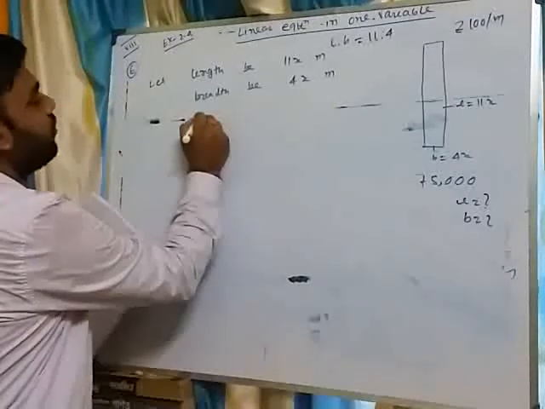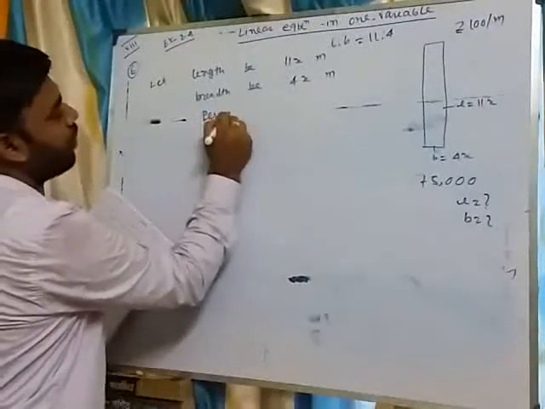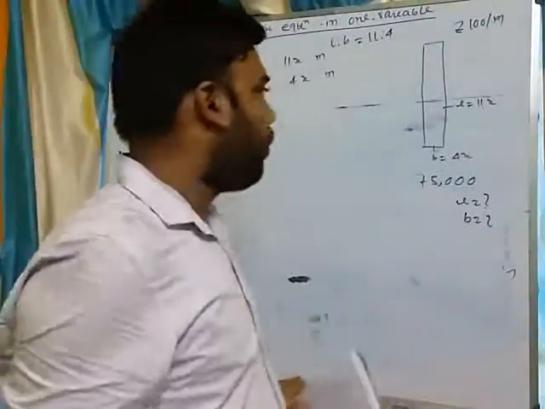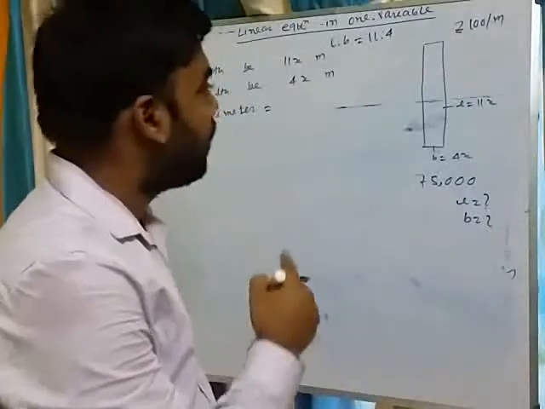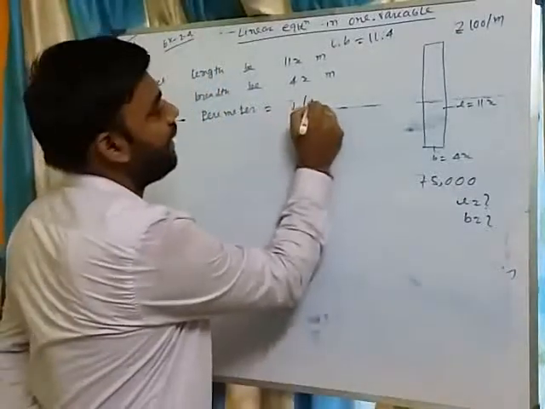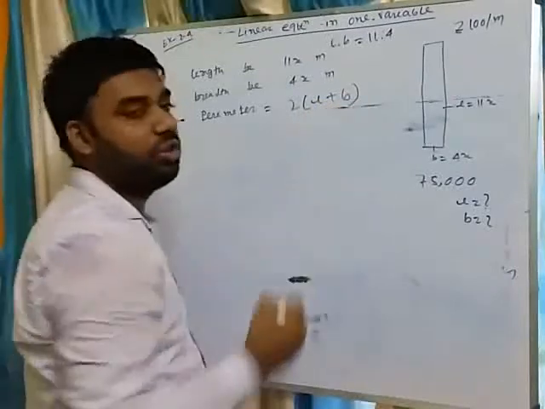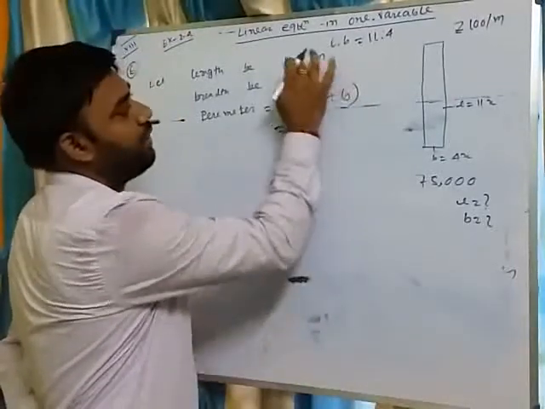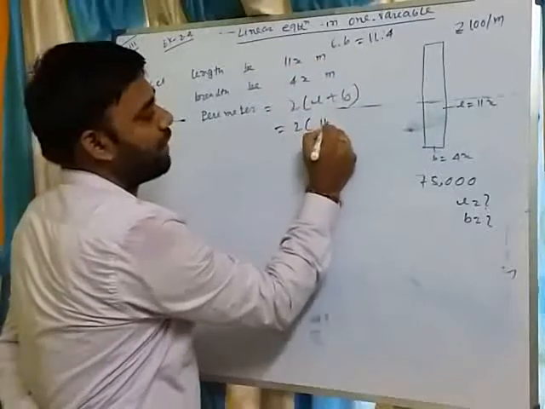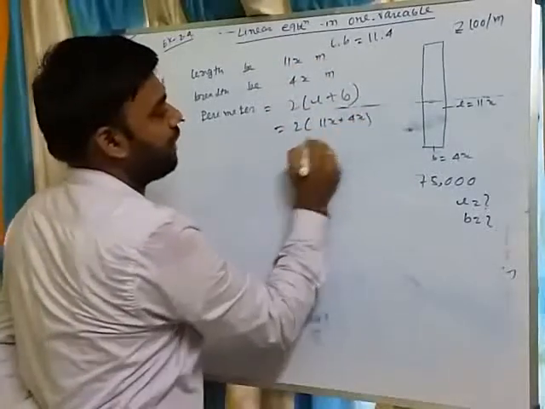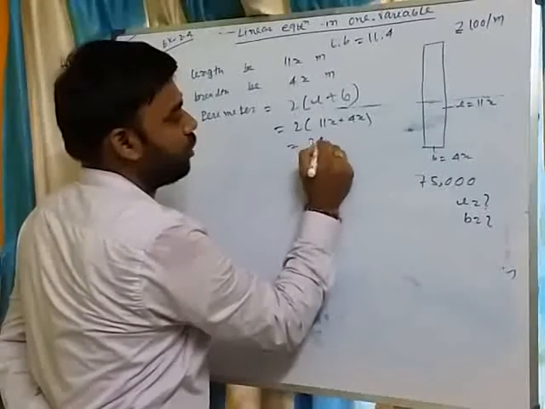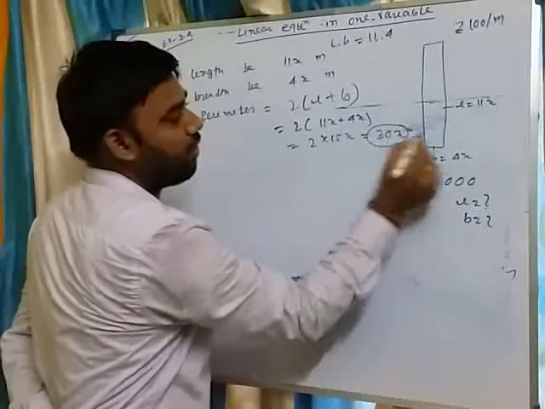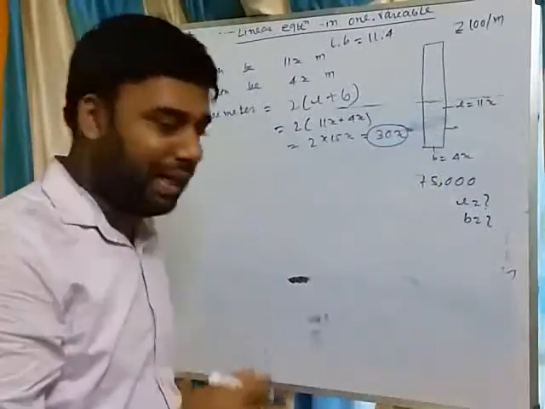The perimeter means the sum of all sides. And what is the formula of the perimeter of a rectangle? That is 2 into (length plus breadth). That is 2 into (11x plus 4x), that is 2 into 15x, that is 30x. It is the perimeter of that rectangular plot in terms of x.